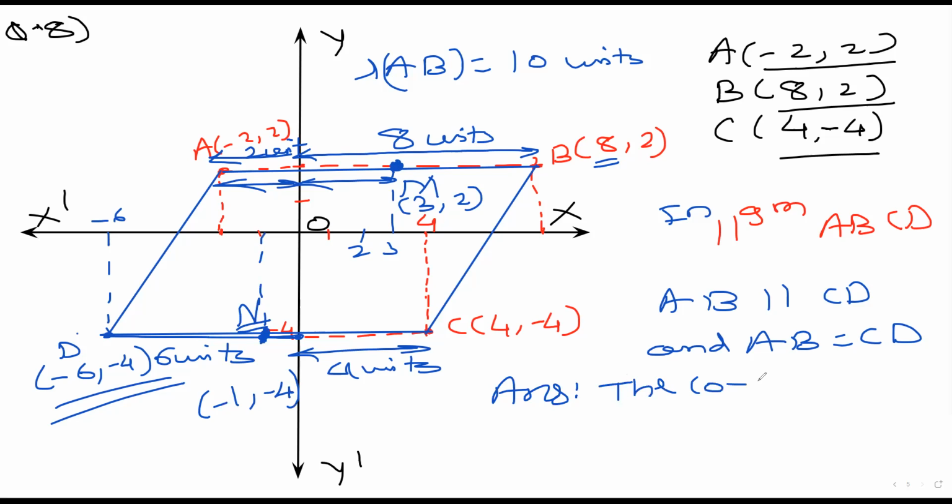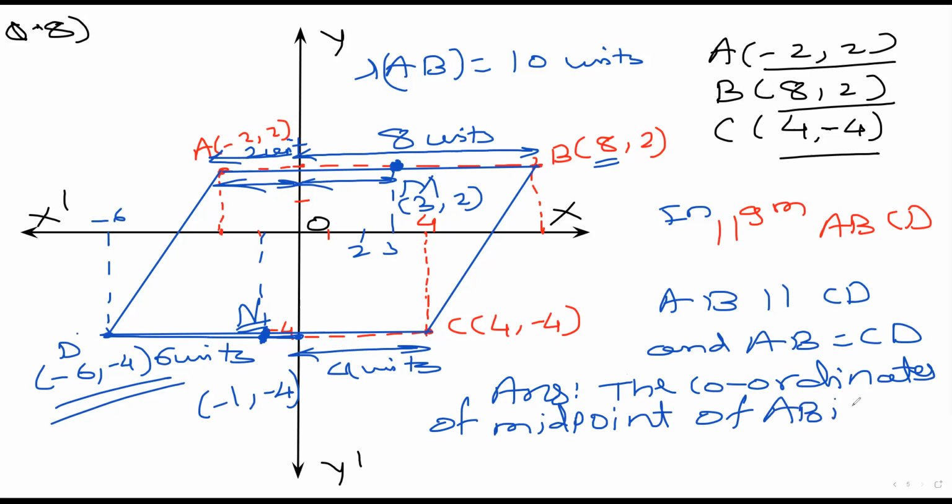The coordinates of the midpoint of AB is 3, 2, and CD is -1 comma -4. Is that clear? Got it? Yes, sir. Okay, great.